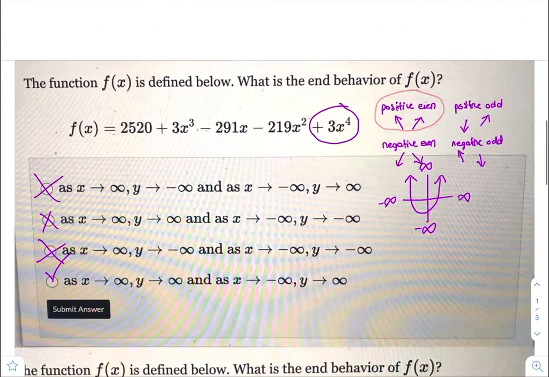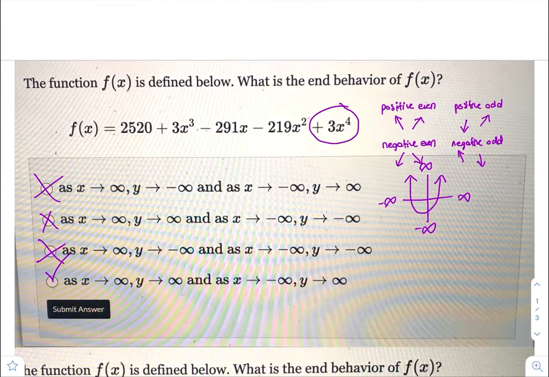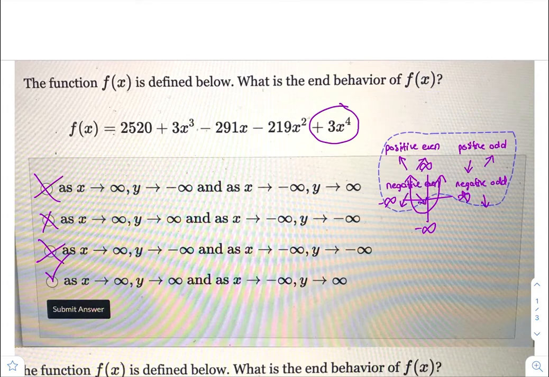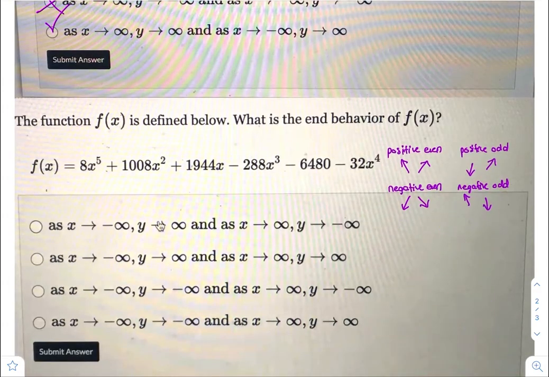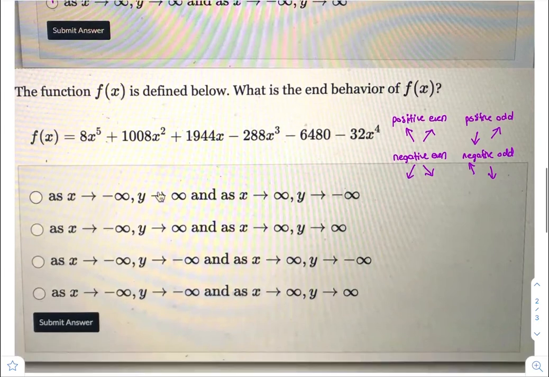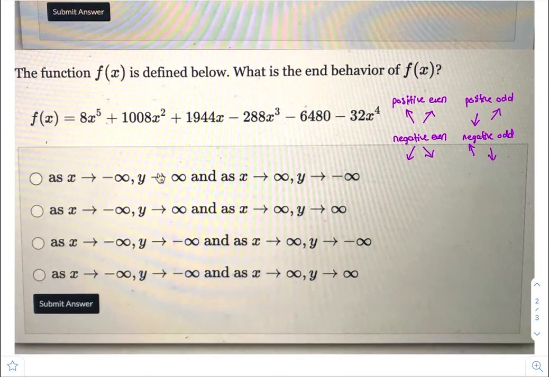And lastly, let me bring my material over. Okay, for this one, highest degree is this one, right? So that's a positive and that's an odd, right? Positive odd, you guys, is this one.